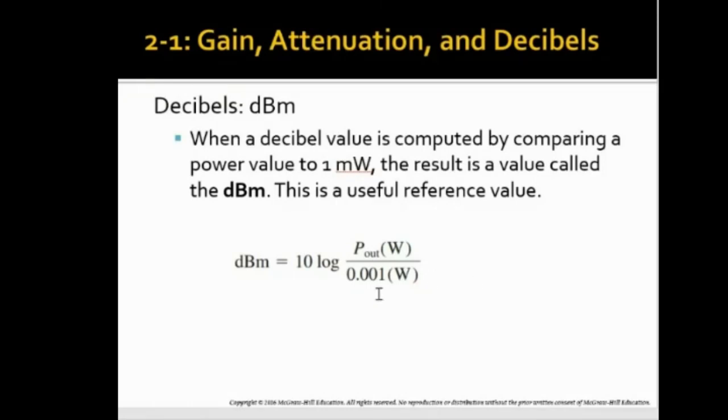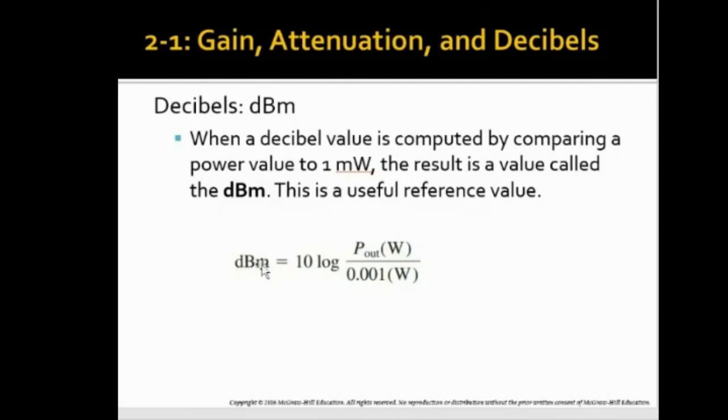The equation is this: the power, in watts, divided by 0.001, or 1 milliwatt. That is how we do the equation, but the answer is in dBm.